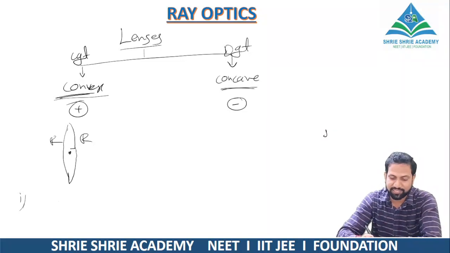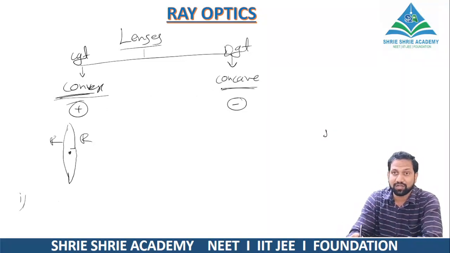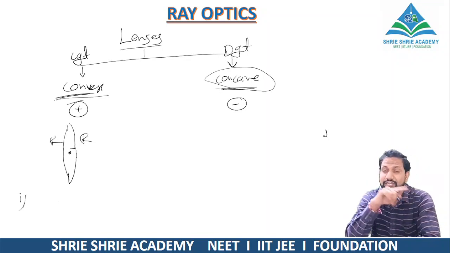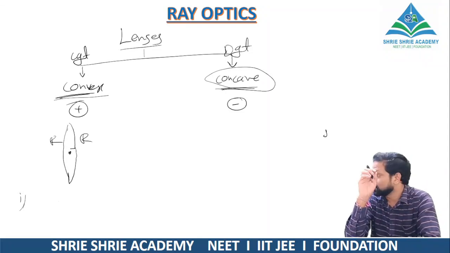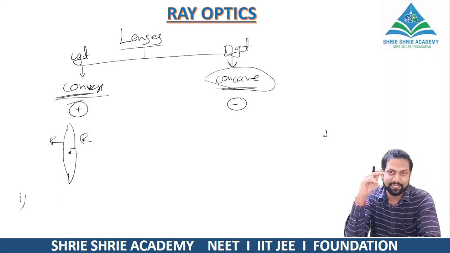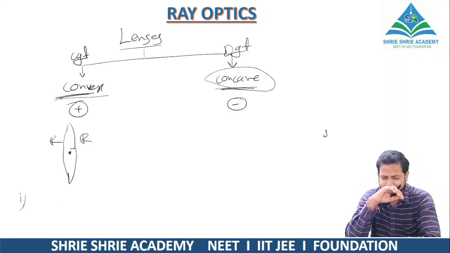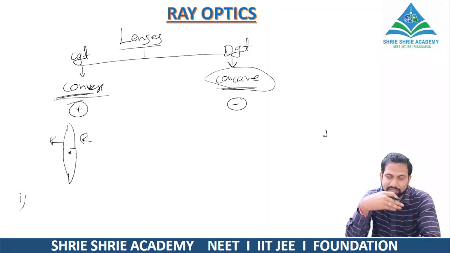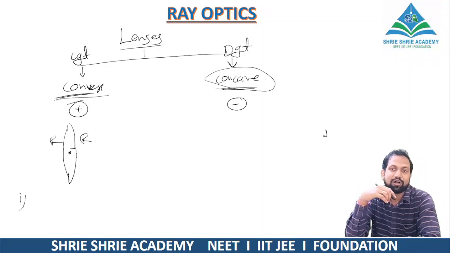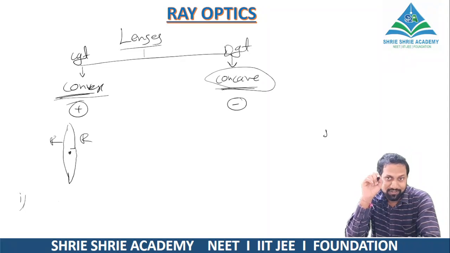Okay, these are the 6 cases, and 2 cases for the concave lens, only 2 cases. Case 1, if the object is at infinity, the image will be at the focus, a virtual, erect, diminished image. Case 2, if the object is not at infinity but at some close distance to the lens, then the image formed will be a virtual, erect, diminished image, but not at the focus.